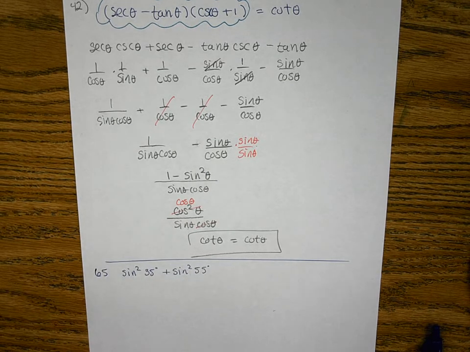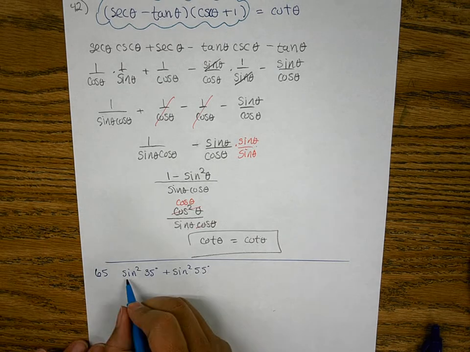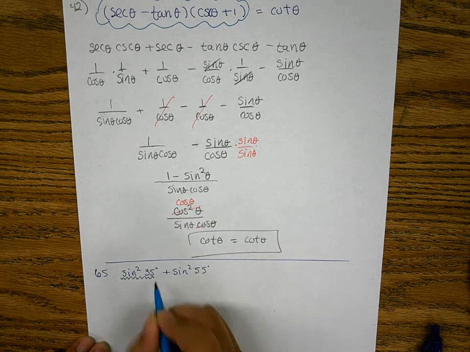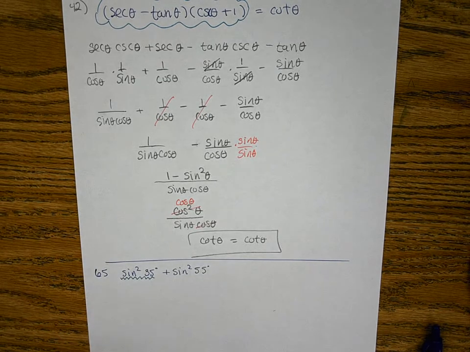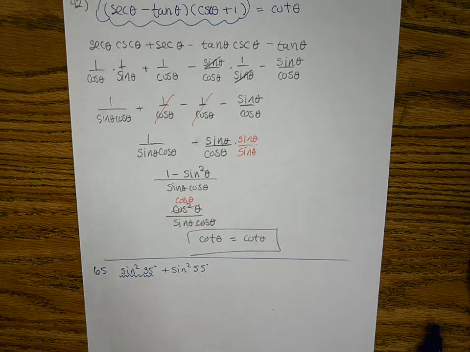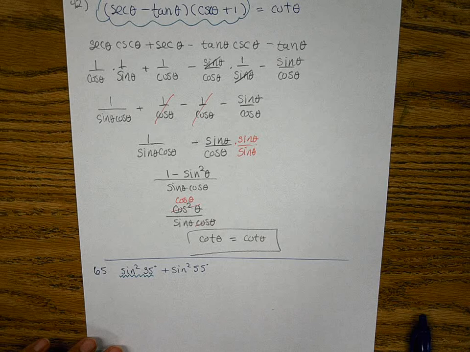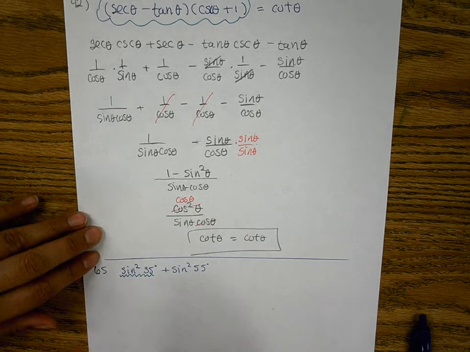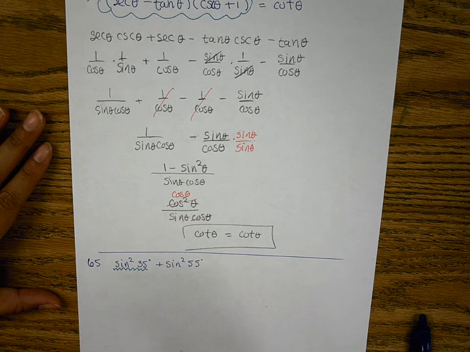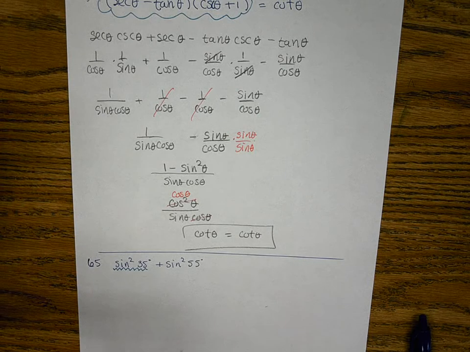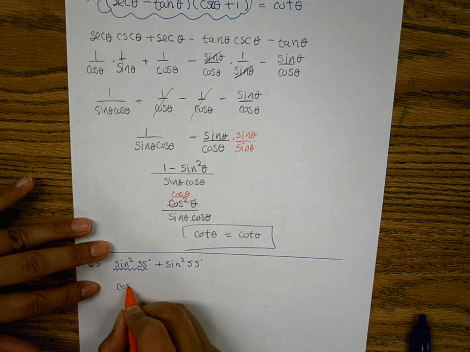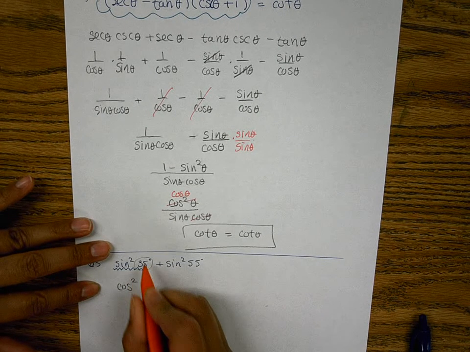But it does say use its cofunction. Remember the complementary cofunctions. Pick one. It doesn't matter which one. I just picked the first one. You could pick the second one. Change it to its complementary cofunction. What's sine's cofunction? You put the co in front. It's cosine squared. What's 35's complement?